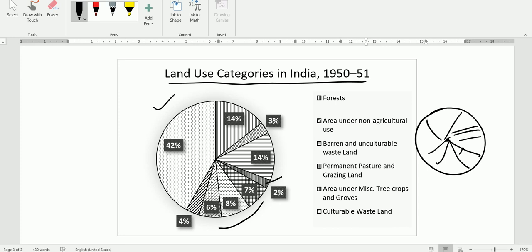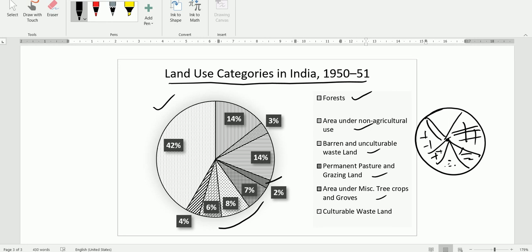Say for example, you have set this, this, and this, and the biggest sector sometimes some students may leave blank. That should not be done. All the sectors must be set out. And don't forget to give the index.